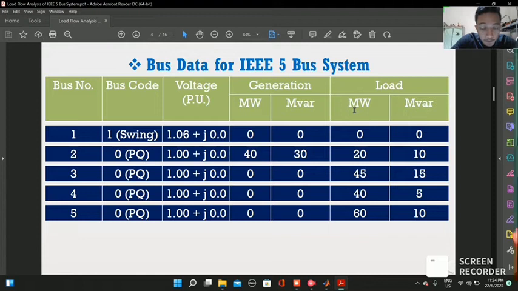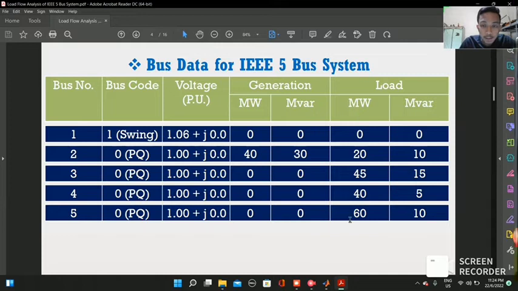For my part, I will explain about the result and the discussion. For our group project, my group chose the power analysis of the IEEE 5-bus system. So, this is the bus data for the IEEE 5-bus system.